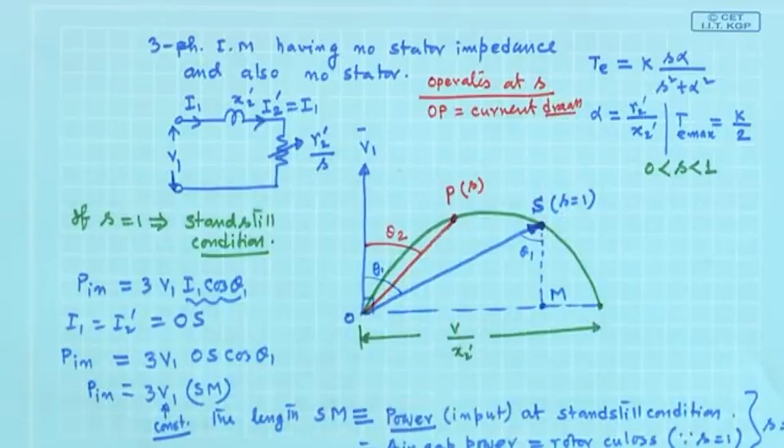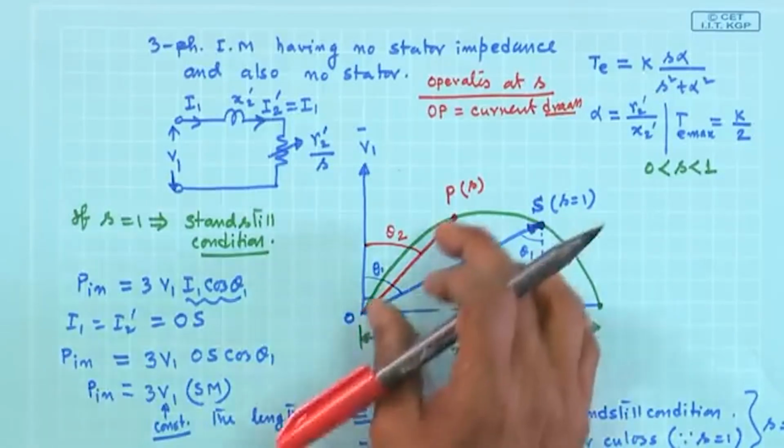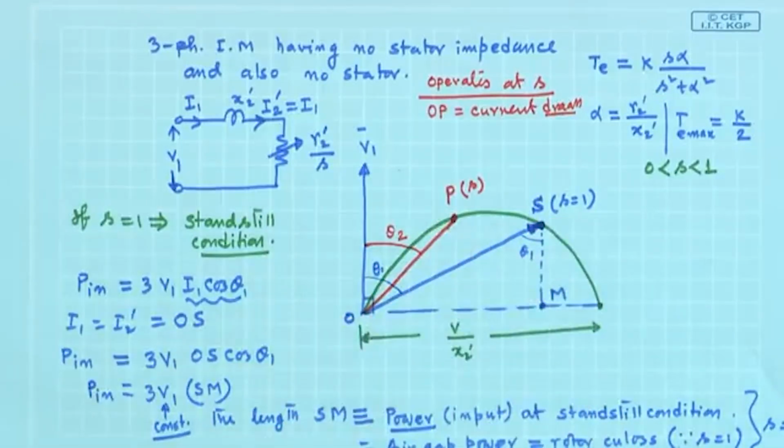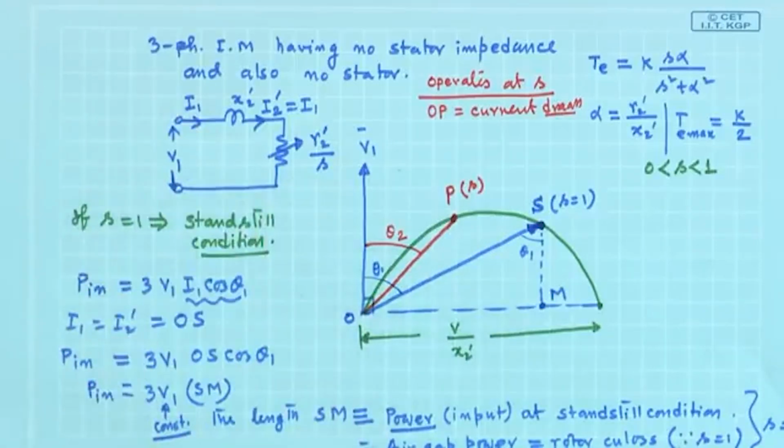You can see the current drawn becomes lesser, because earlier it was OS at standstill condition, now it is OP. It is expected to be, because S has decreased, the impedance of the circuit has increased, supply voltage fixed. So, this will be the thing.